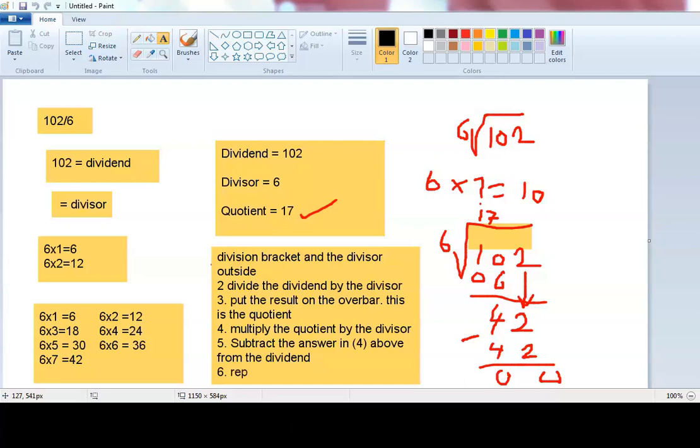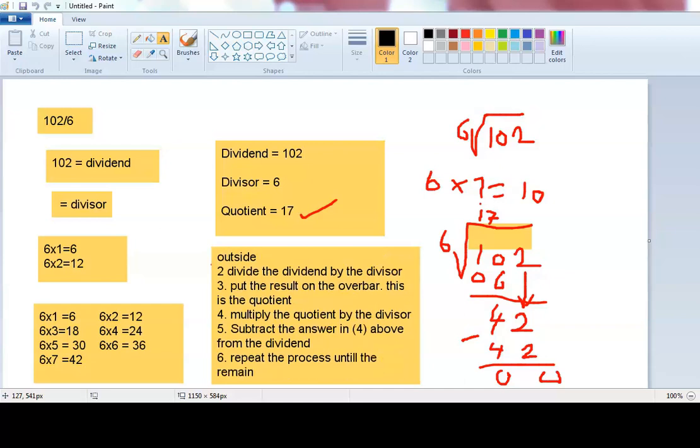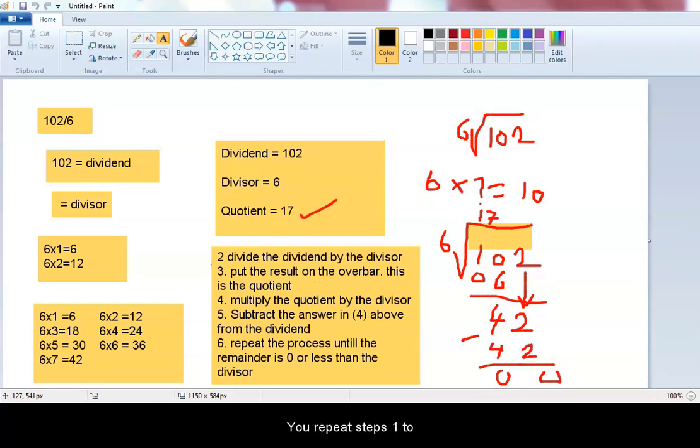Repeat the process. You repeat steps 1 to 5 until you have a remainder of 0 or a remainder less than the divisor.